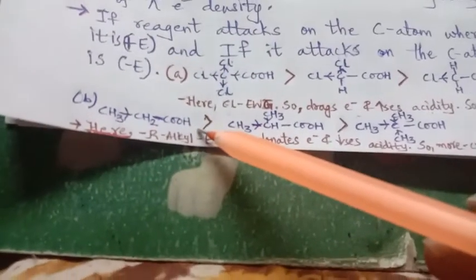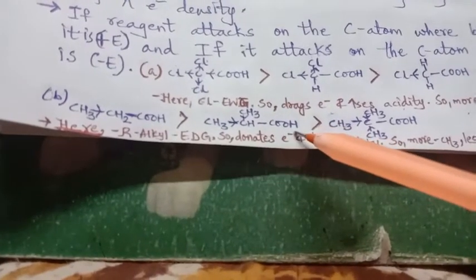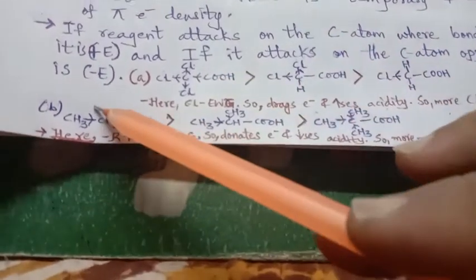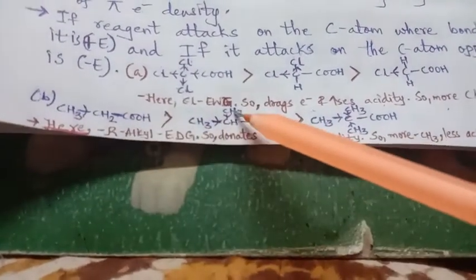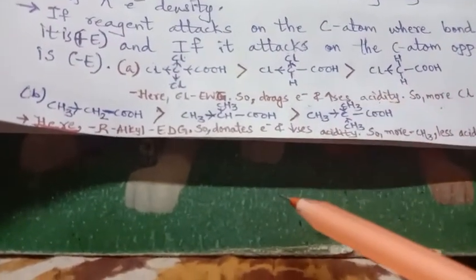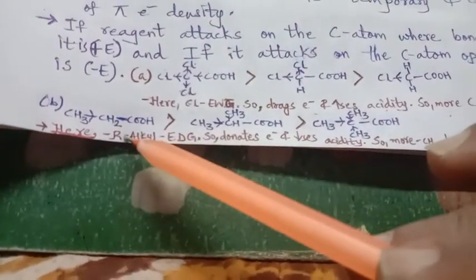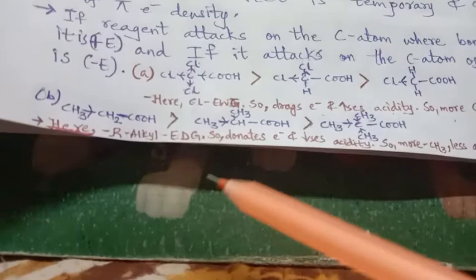And the next is CH3CH2COOH, and CH3CHCOOH, CH3COOH. Here you see only one methyl, here 2 methyl, here 3 methyl groups are there. And methyl, that means the alkyl family, R alkyl family is an electron donating group.